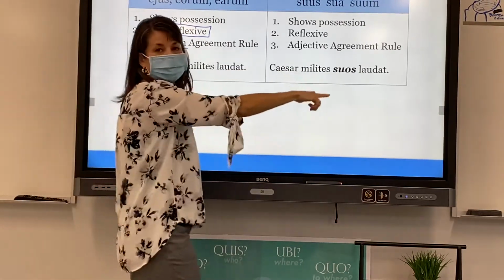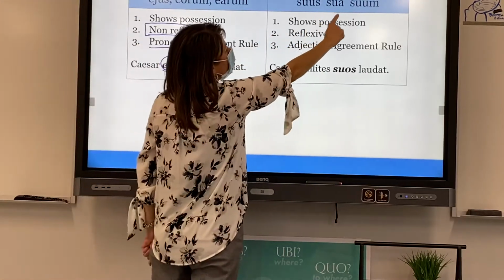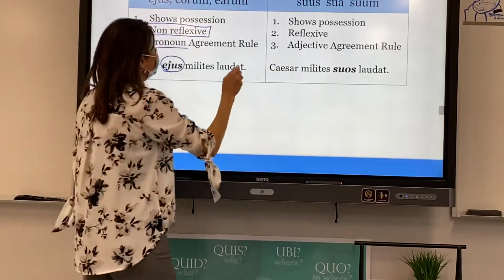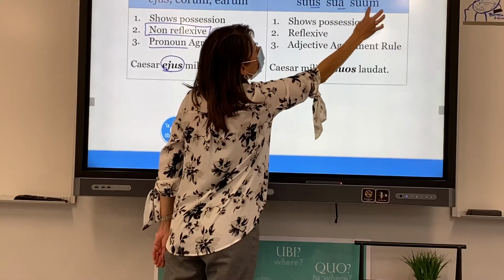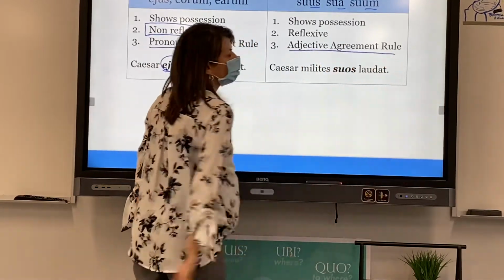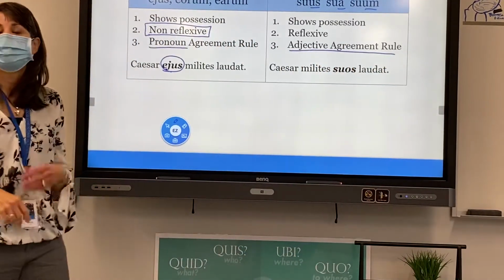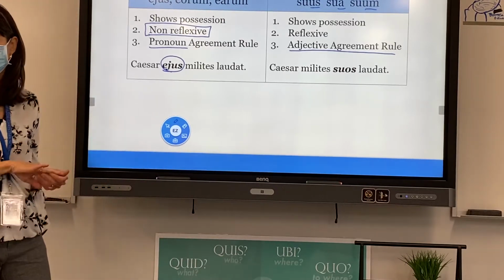Let's jump over here. I'm going to come back to this in a second. But suus, sua, suum looks like a first and second declension adjective, right? So it always follows the adjective agreement rule. It's always going to agree with its noun in case, number, and gender.